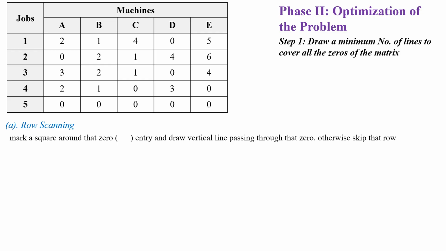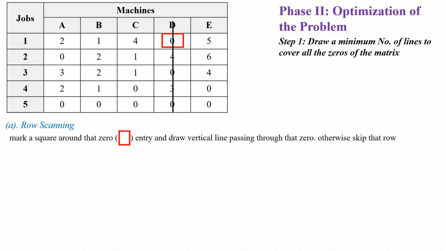If the row has more than one zero, then skip that row. So in the first row there is exactly one zero, so mark a square around that zero and draw a vertical line passing through that zero.